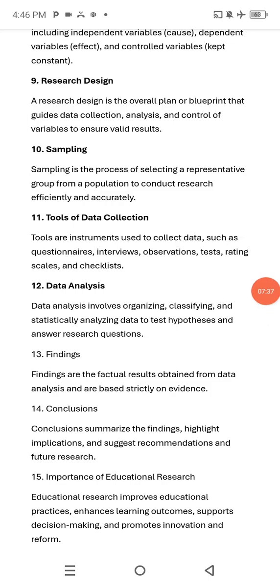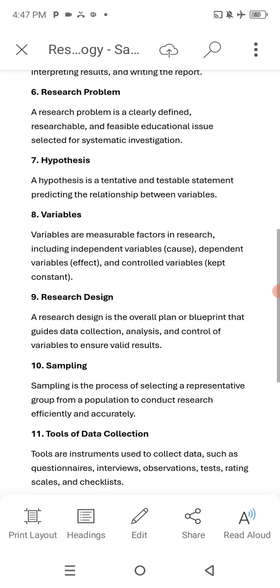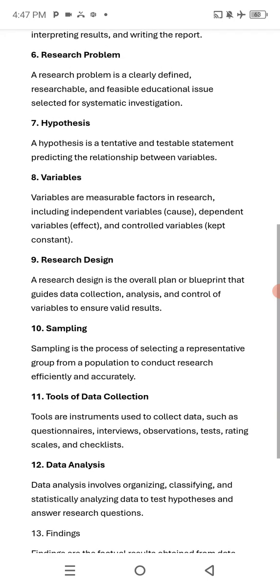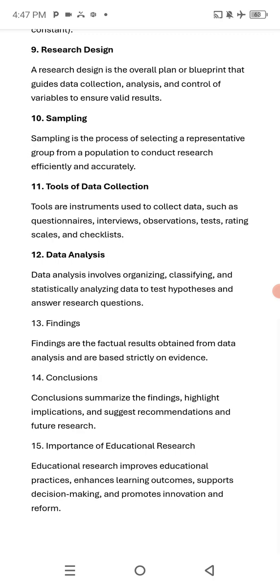Remember we talked about the hypothesis, a tentative and testable statement to predict the relationship between variables.